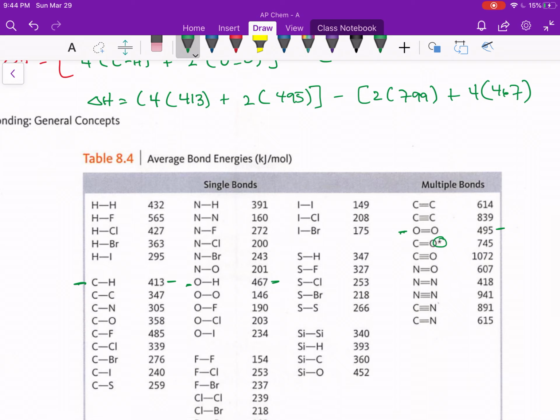Okay, now just working that out. I forgot to do this beforehand.